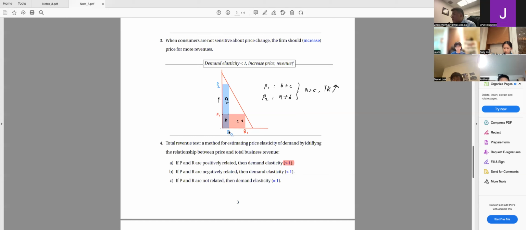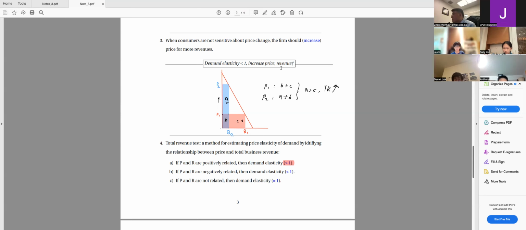Yes, the quantity demanded will decrease a little bit, but the retained consumers are still willing to pay a higher price. Even though the quantity demanded decreases a little bit, you still can make more money. Your business revenue still can increase.